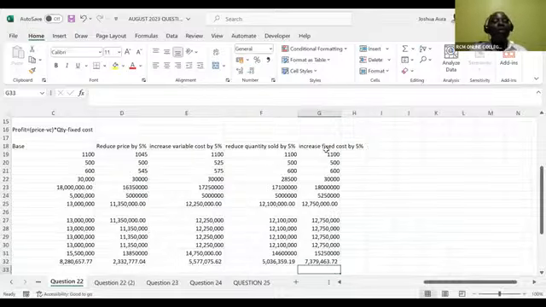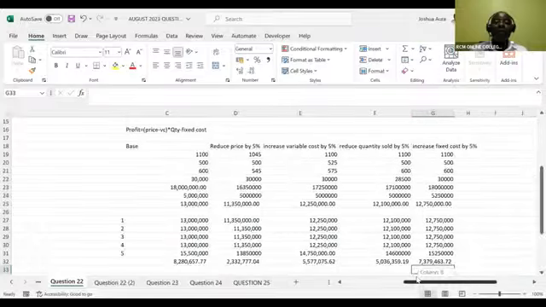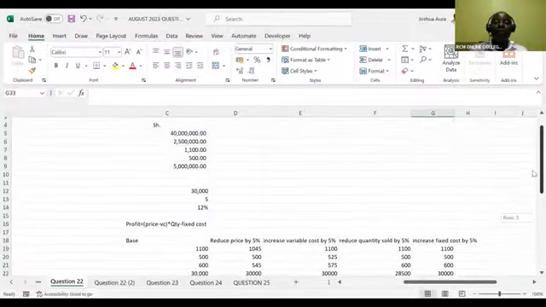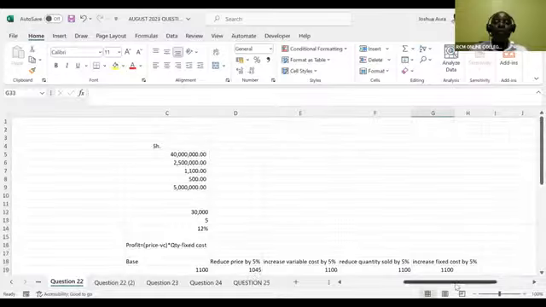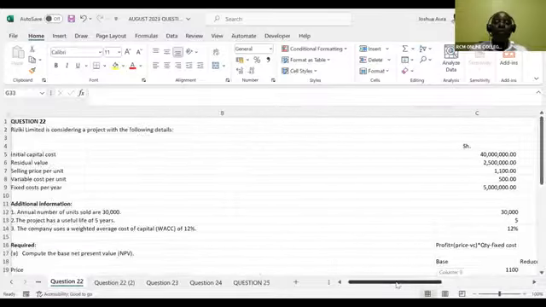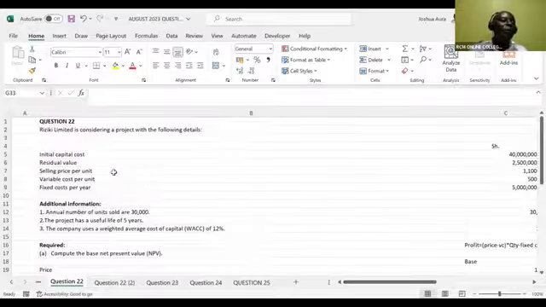But remember, they wanted all variables to change except two. The variables these guys gave you, we have these variables here. Initial capital. We have residual. So we haven't yet changed this.